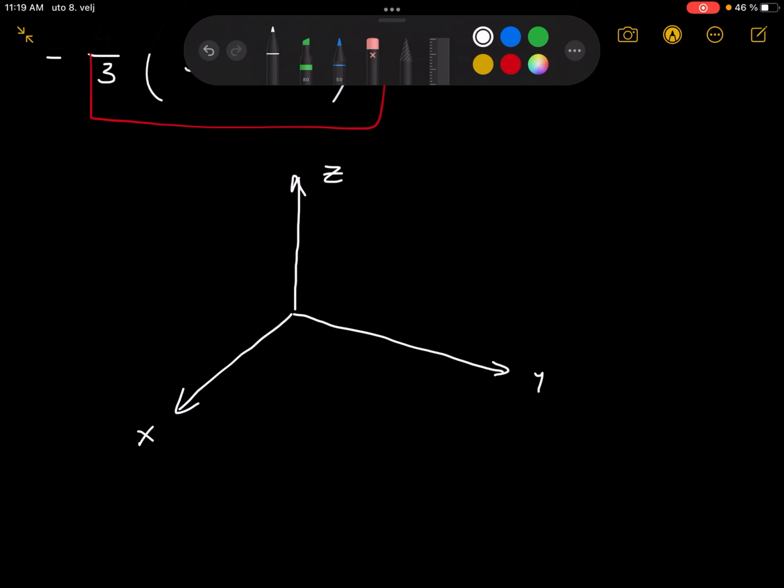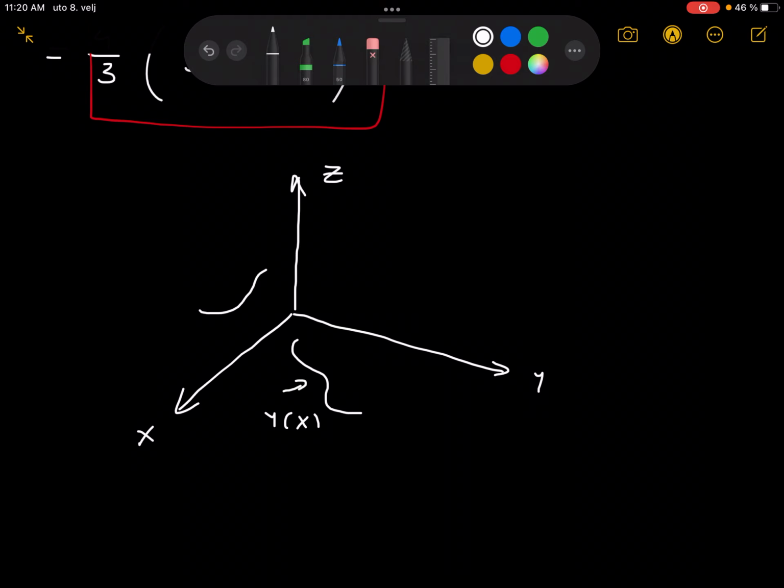So let's say that we have some curve in the xy plane, and let's say that the equation of this curve is y is equal to f of x, or instead of that we can just write it as y of x. So the equation of this curve is some function of x, and this curve lies in the xy plane.